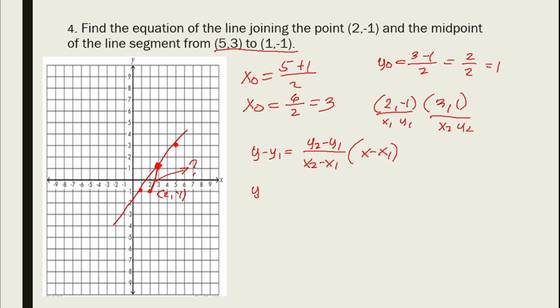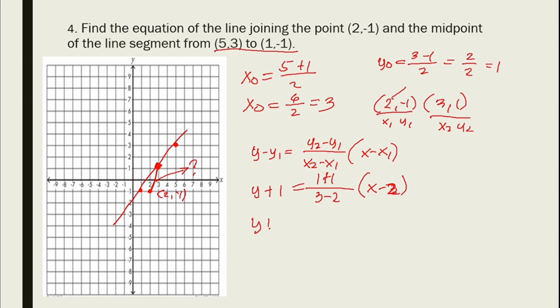So y minus, since minus minus becomes plus, is equal to y sub 2 is 1 and y sub 1 is minus 1, so it will become plus 1 over 3 minus 2 times x minus 2.